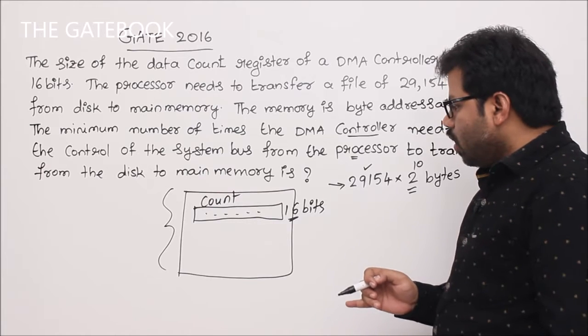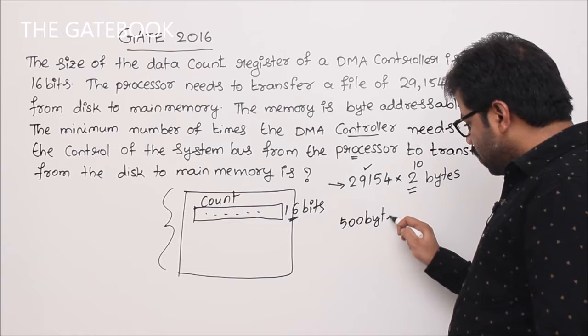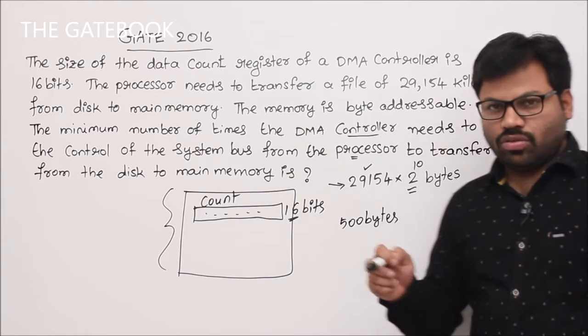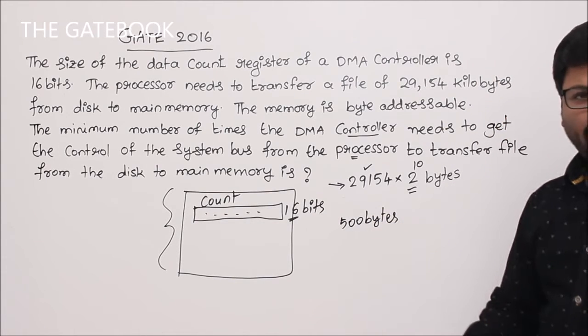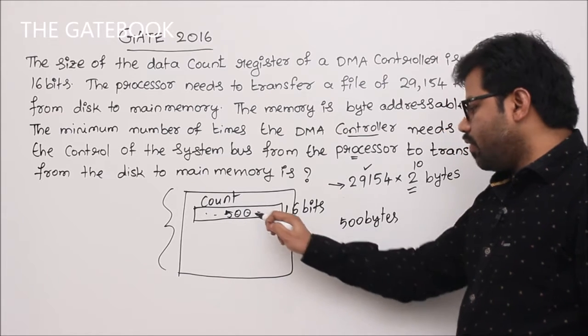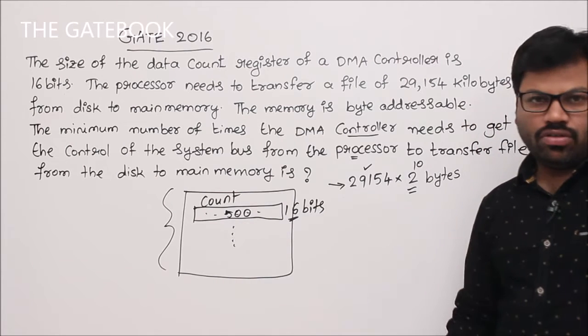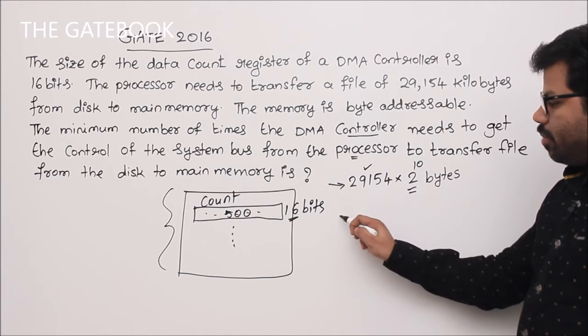Example, let's say you have 500 bytes of data to transfer. The minimum number of times we need the bus control is only one time. Why? Simple, your CPU will load this count register with the value 500, and necessary details will be given. Then you will be transferring the data.